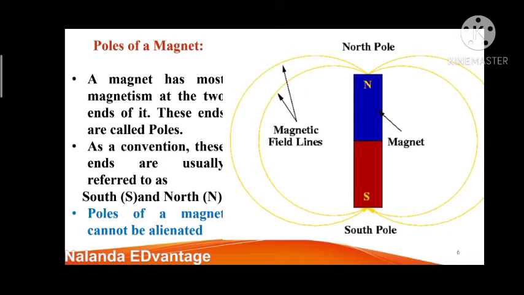Next we are going to learn about the poles of a magnet. A magnet, such as a bar magnet or any other magnet, consists of two poles. For reference, we name them the north pole and the south pole. In the figure here, they are represented as N for North Pole and S for South Pole. These ends are called poles, and usually they have a stronger magnetic field around them compared to the rest of the magnet.